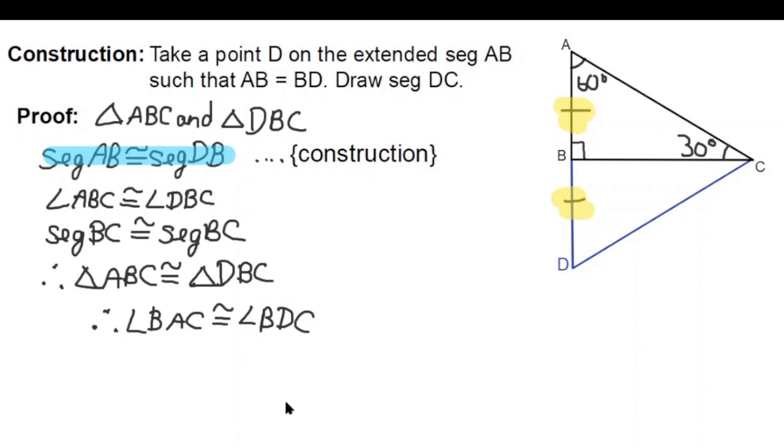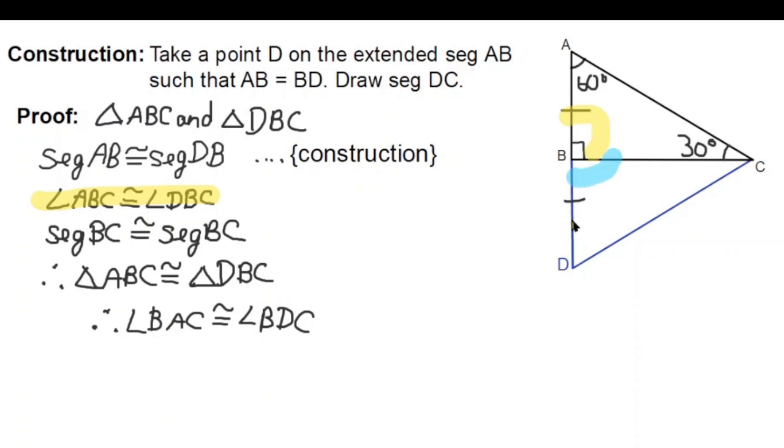Now the next step: angle ABC is congruent to angle DBC. This angle ABC is congruent to angle DBC, which is this angle. So these two angles are congruent. Why?